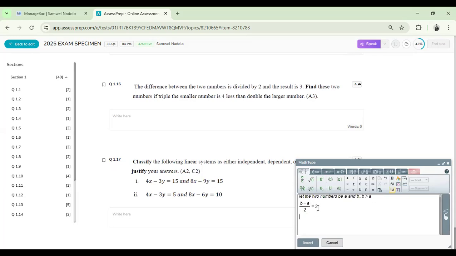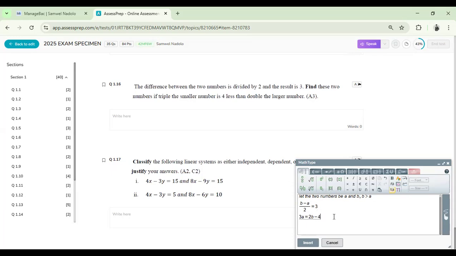Find these two numbers if triple the smaller number. Remember our smaller number was A. So triple the smaller number, 3A, is equal to 4 less than double the larger number. Double is like 2 times, so 2B, 4 less. So 3A is equal to 2B minus 4.